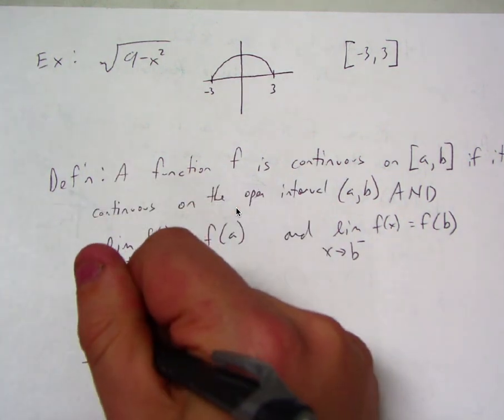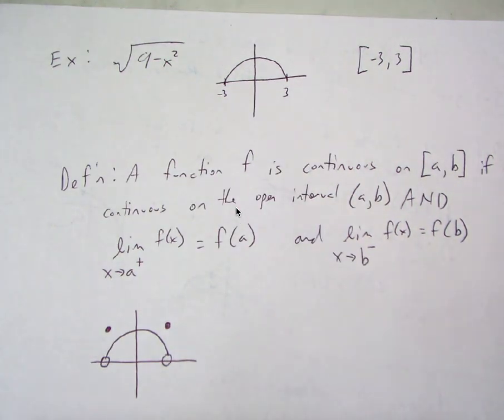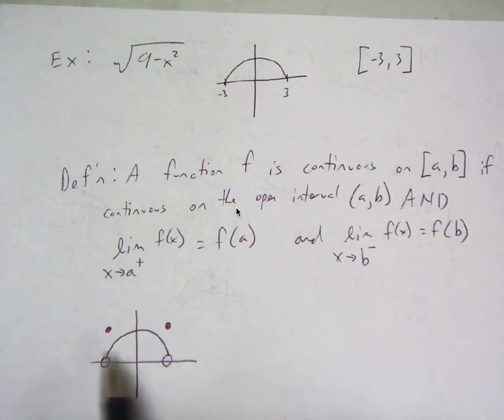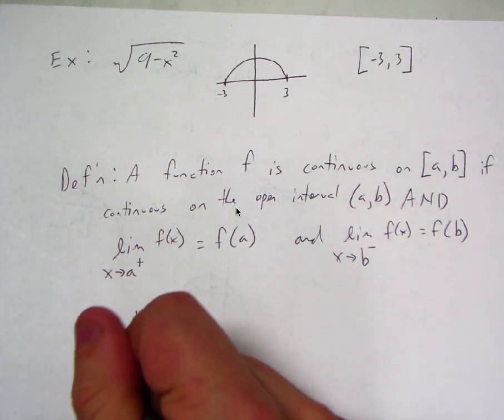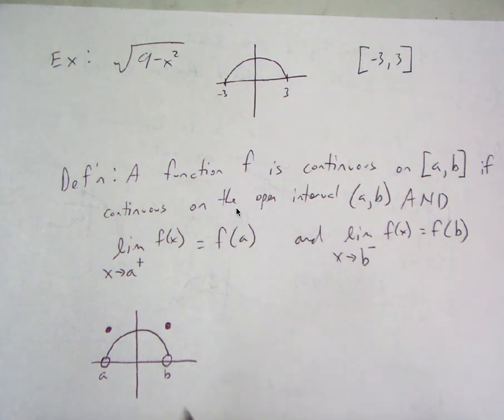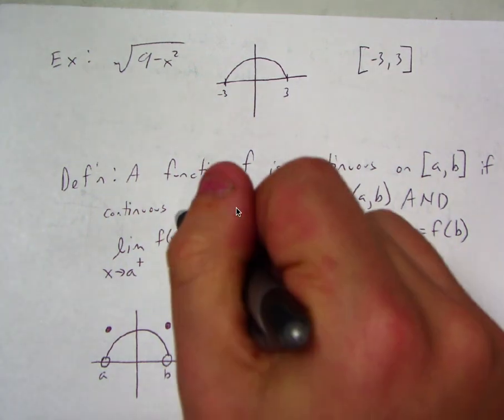You can look at it and say, well, this is not a continuous function on the closed interval, but try to think about why. The function exists everywhere on the closed interval. Call this a, call this b. At any point from a to b, including a and b, the function exists. But these conditions aren't met.